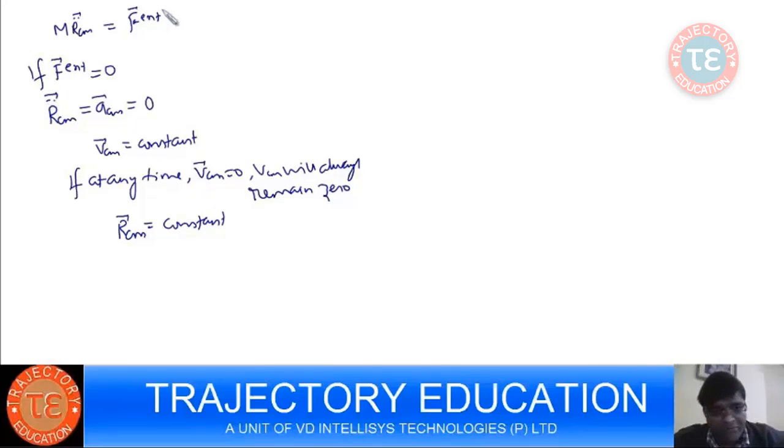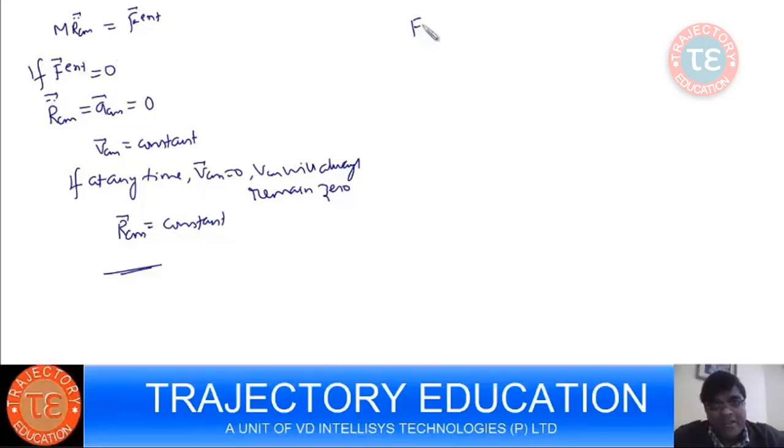So if the net external force is 0, V_CM is constant. If at any time or in some frame V_CM is 0, the constant can be 0 also, and in that case the center of mass is not going to change. This is extremely important while solving problems. Many times the net force Fext, as a vector quantity, may not be 0, but one of its components may be 0.